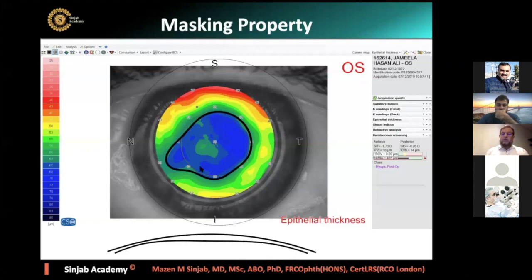And this is one of the explanations of regression. Or, if we want to be very accurate, it is not a kind of regression. It is a kind of loss of effect. So the best description of this property is loss of effect of the myopic treatment rather than regression.